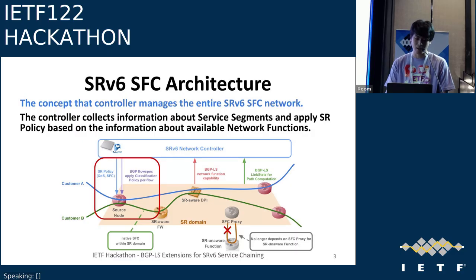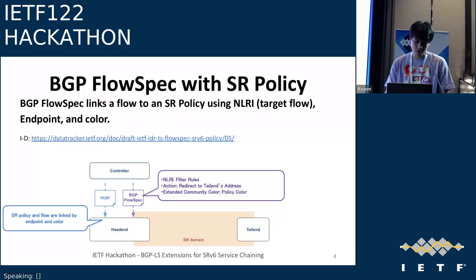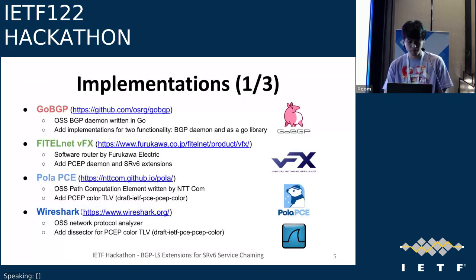This is the same architecture. And we implemented the BGP flow spec with SR policy and a new TLV for PSEP, color TLV. These are our implementations. We implemented GoBGP BGP flow spec extension.